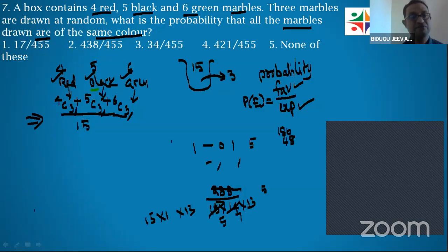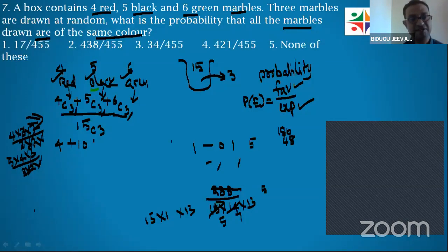So this is 15C3. 4C3 is nothing but 4 into 3 into 2 by 3 into 2 into 1. I'm explaining only one. It is nothing but 4, plus 5C3, 5 into 4 into 3 by 3 into 2 into 1 gets cancelled.